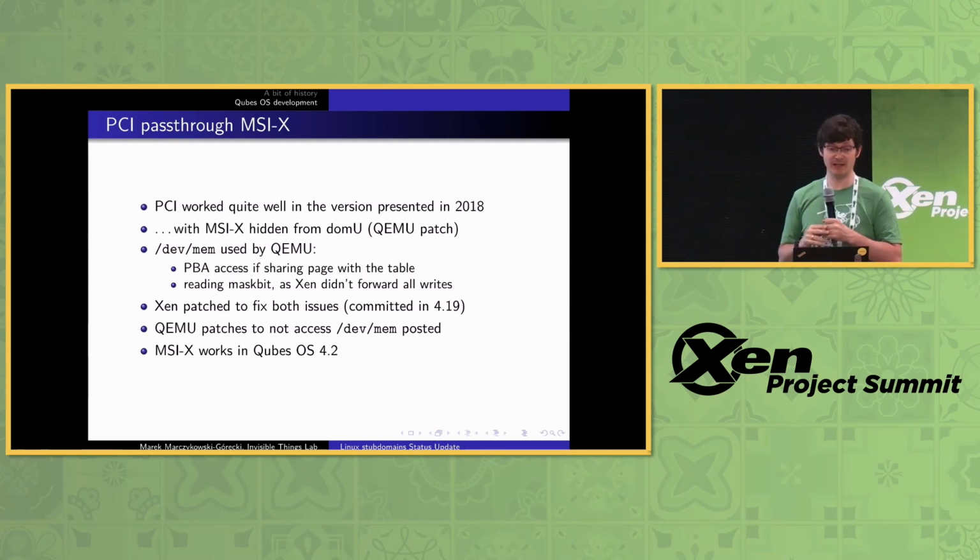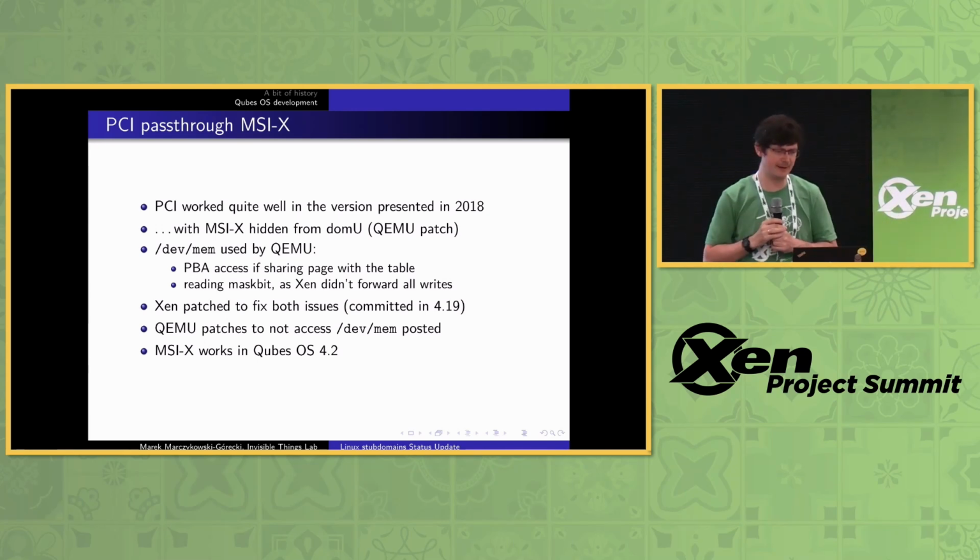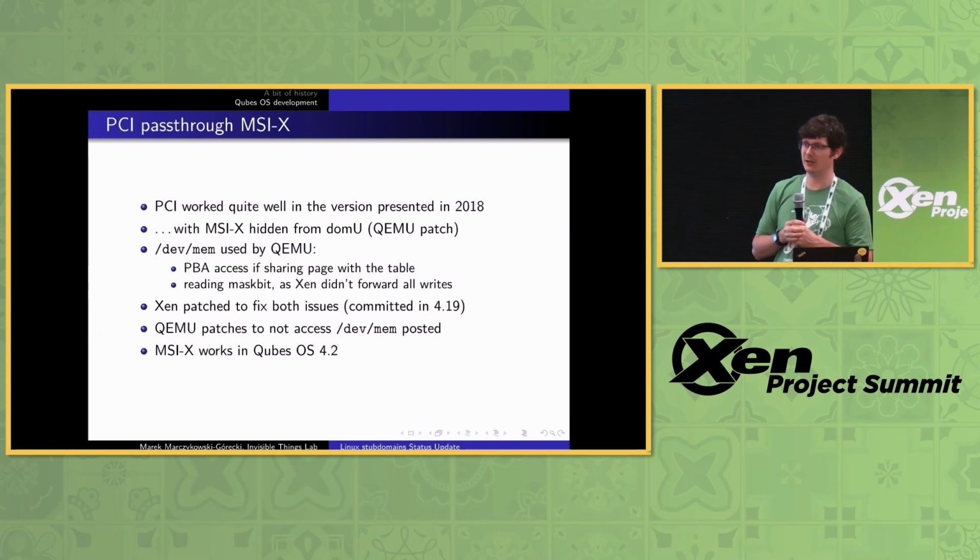So that's one thing, and the other is the PBA, pending bit array, if I remember correctly. Access to it was also something that Xen didn't allow to read if it was on the same page as the MSI-X table.